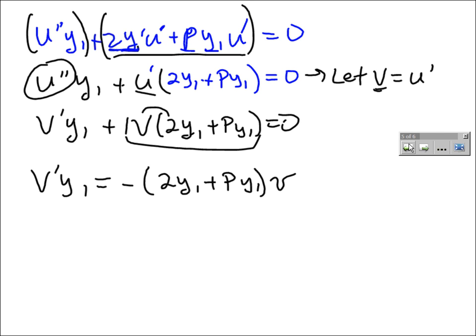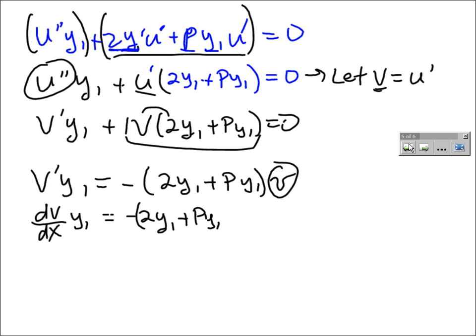So this v prime is really dv dx, times y1, and it equals negative 2y1 prime plus py1, and notice that it's 2 times y1 prime, times v.